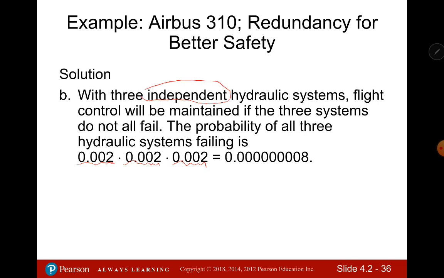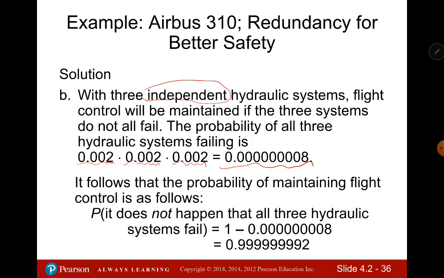So we just use the regular probability, right? For a single system, the probability of failing is 0.002. So the first fail times the second fail times the third fail, we will get an extremely small number.